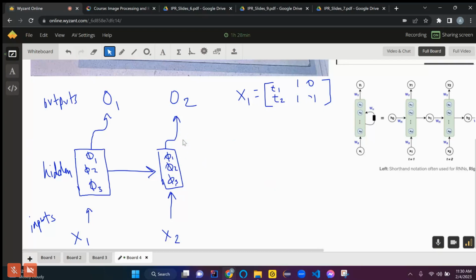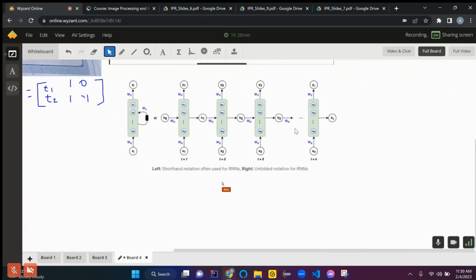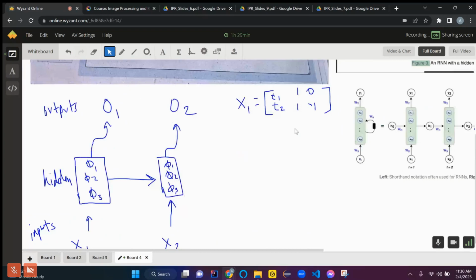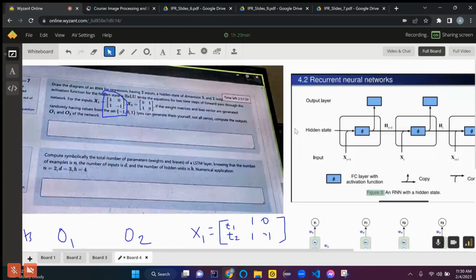Well, let's see their output. They say that it's 2 outputs, but I just don't know when they say 2 outputs, if they mean outputs for 2 time points. I guess they do. Or maybe not.